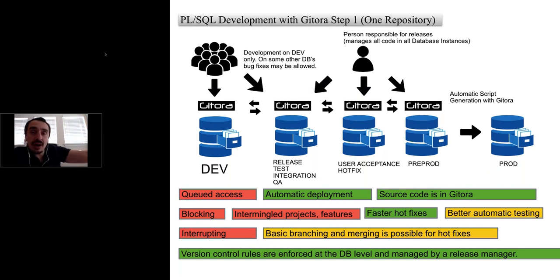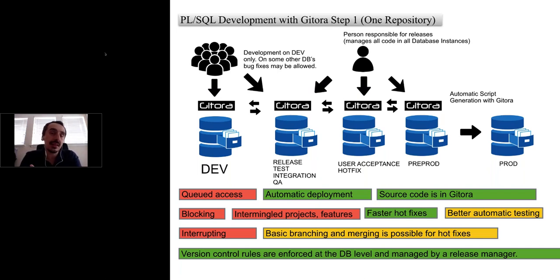But if you use Gitora and do a pull from dev, Gitora is not going to overwrite the change in that package. It's going to detect the difference, because that's what Git does, and it's going to do a merge. Merge meaning it's going to take both copies and try to merge them together without losing any information.